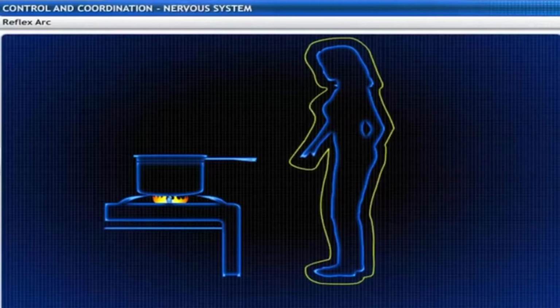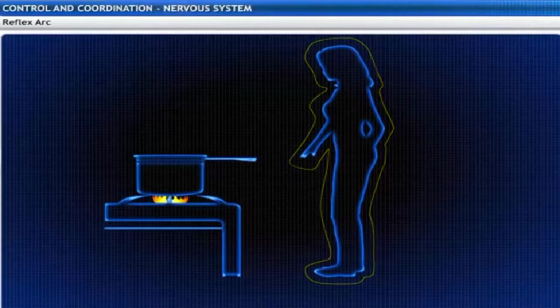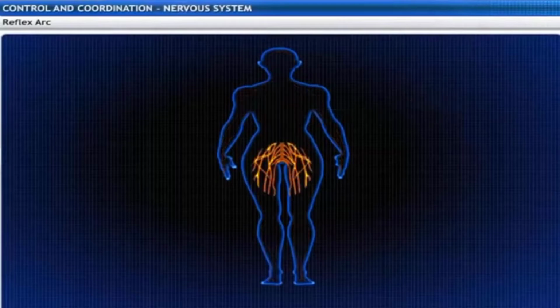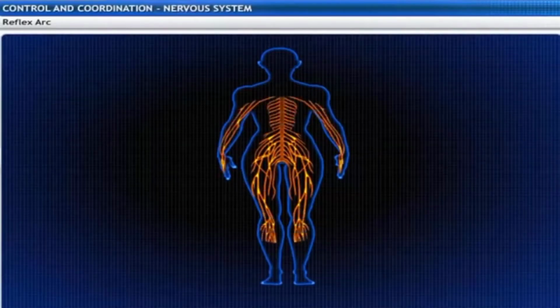So, where is the best place for reflex arc connections to be made? It would definitely be the spinal cord, as the nerves from all over the body meet in a bundle in the spinal cord on their way to the brain.